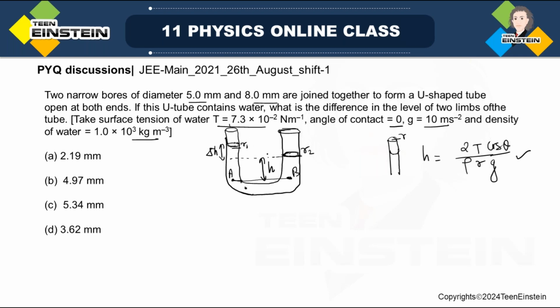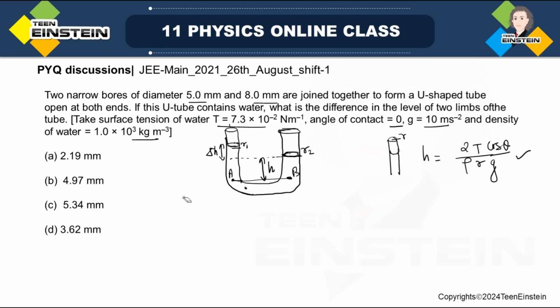Why should there be any pressure difference at all? I'll tell you that. One reason is this: as r is different for both capillaries, the height rise will be different. Otherwise, if there was no difference in the radii of the capillary tube on both arms, the level would have been the same because of atmospheric pressure at the open end.